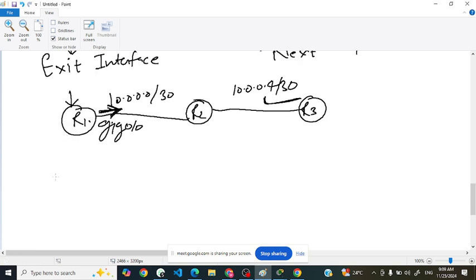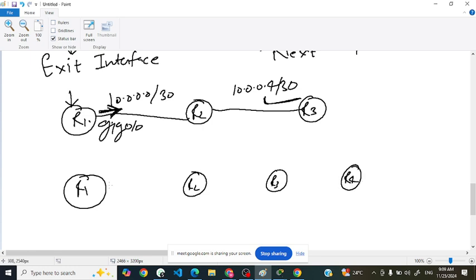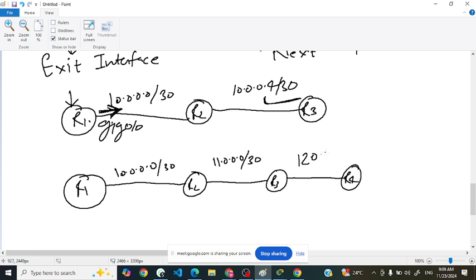Okay. So the next case will be the next hop IP. Now in next hop IP, I am giving the instruction.